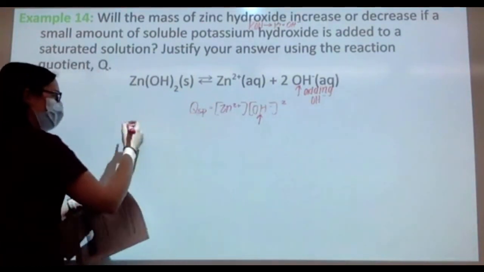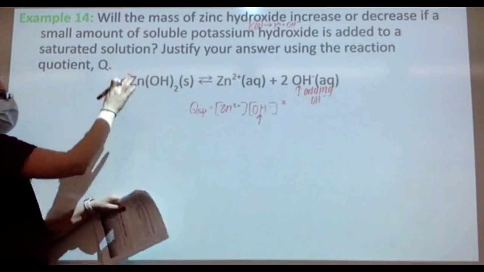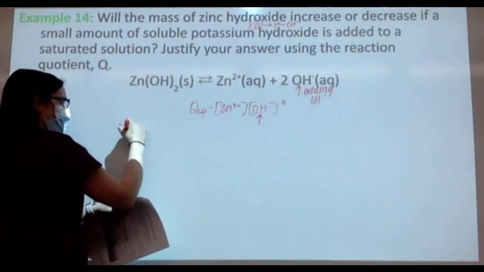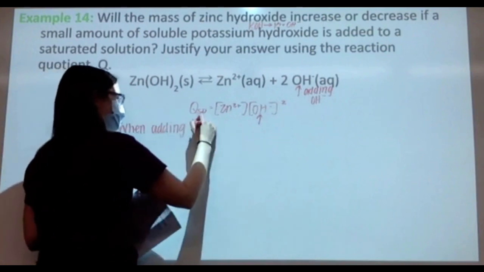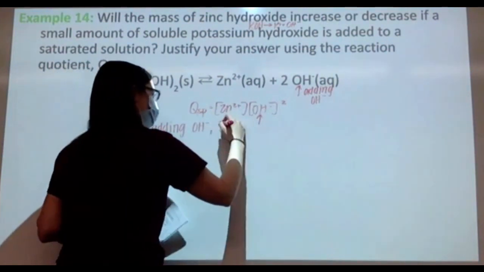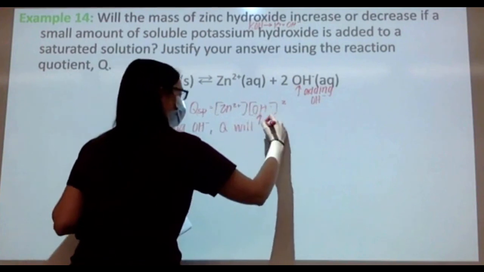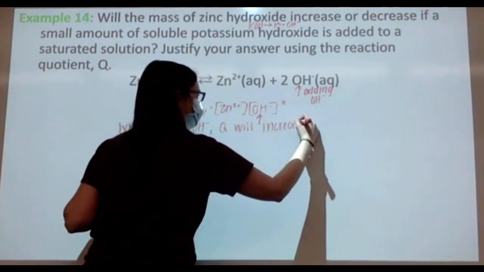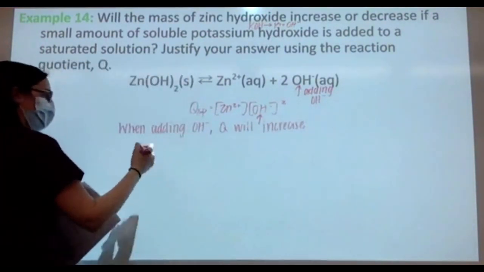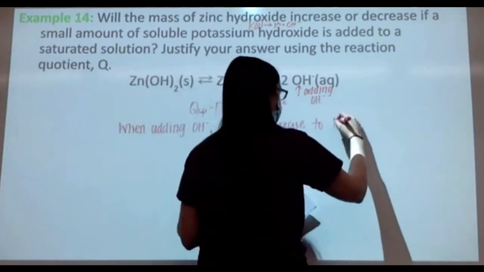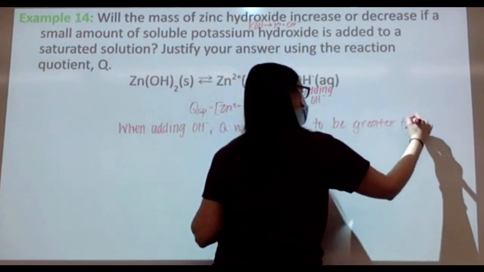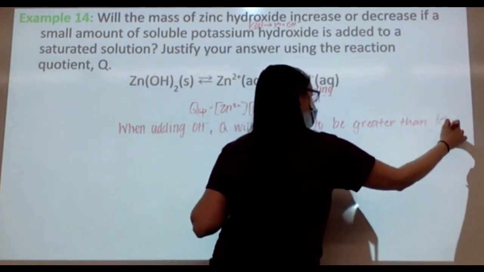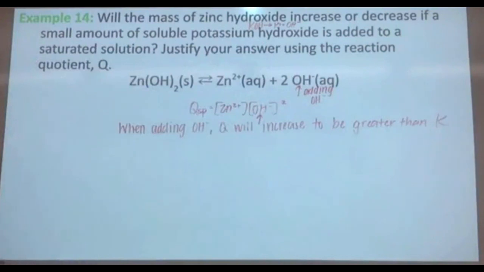So when I add OH-, I'm going to leave some space over here to actually answer the question. But I'm going to say when adding OH-, Q will increase to be greater than K, because if we're talking about Q, we probably want to compare it to K. So Q will increase to be greater than K.